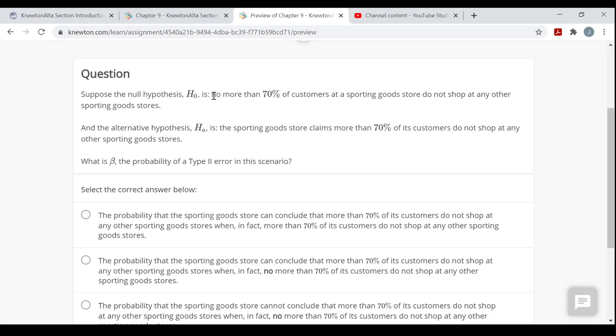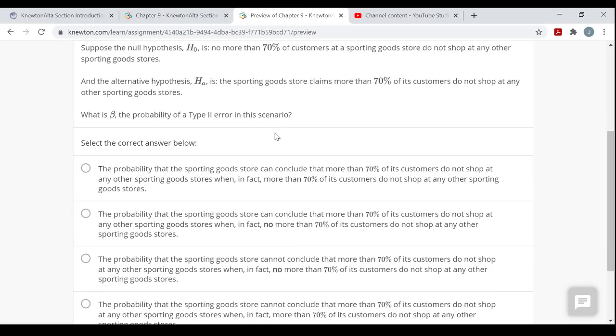You conclude the null hypothesis that no more than 70% of customers don't shop at any other stores, but in actuality, more than 70% do shop at other stores, right? So you concluded the null, but you shouldn't have. The actual true statement is the alternate.